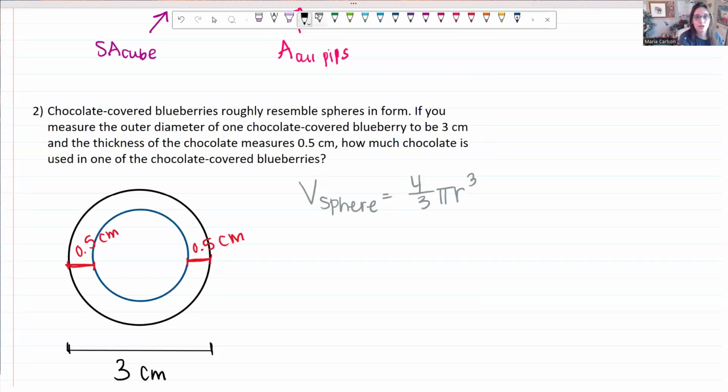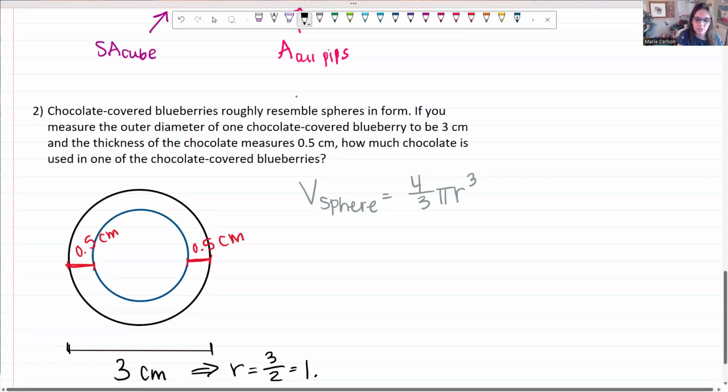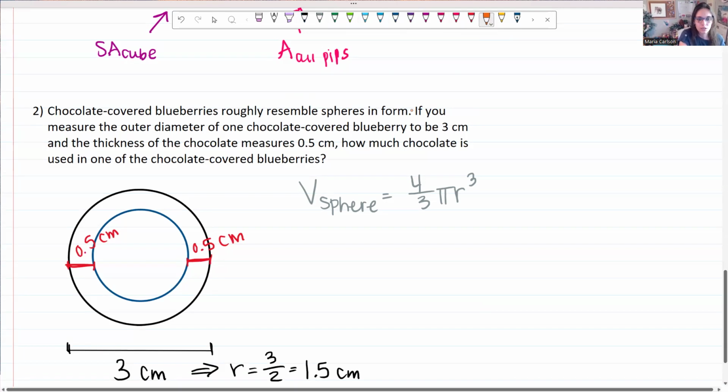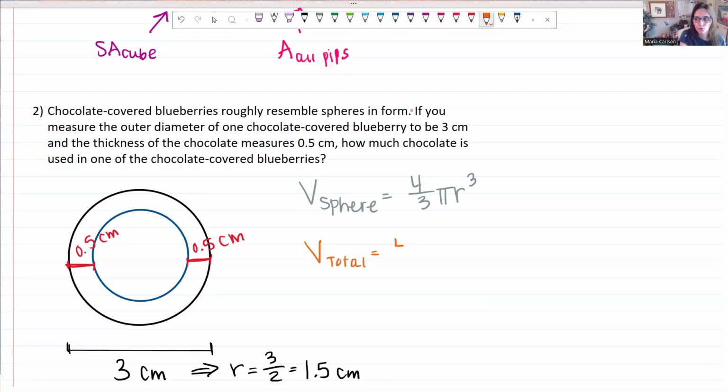We know the diameter is 3, so this means then that the radius is 3 divided by 2, or 1.5 centimeters. So I am going to do this next step in orange. I'm going to say the volume in total is equal to 4/3 pi times our radius, which is 1.5 cubed.